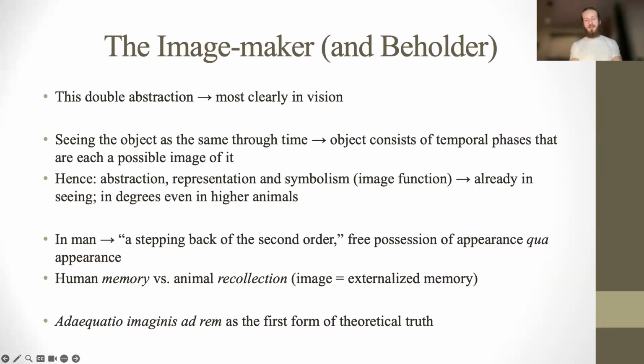With human memory, the appearance, that's precisely the point, is not exactly the sensory impression itself, but rather the eidos of what happened, what was seen in the past, which is manipulated at will by man, and can be compared, contrasted, manipulated, whatever. And that is precisely what differentiates human memory from animal recollection. Of course, Jonas is not the only author. I don't remember right now who was the first to talk about this among German philosophers, but we'll get to that in the discussion.